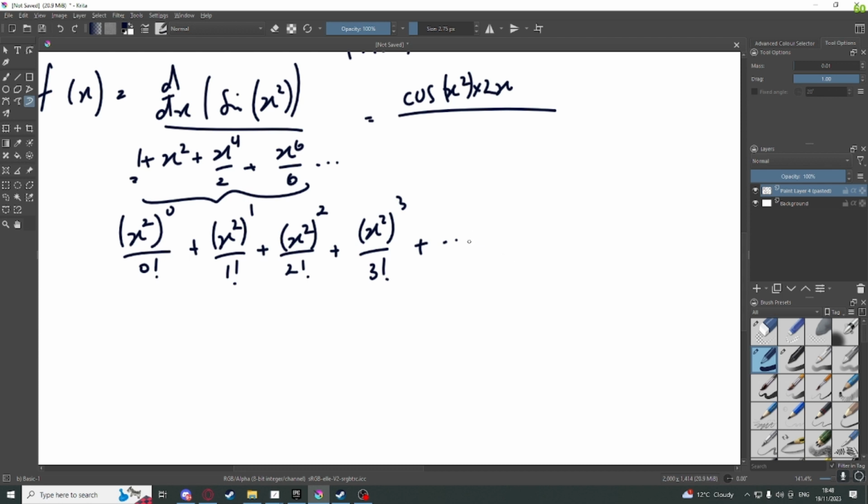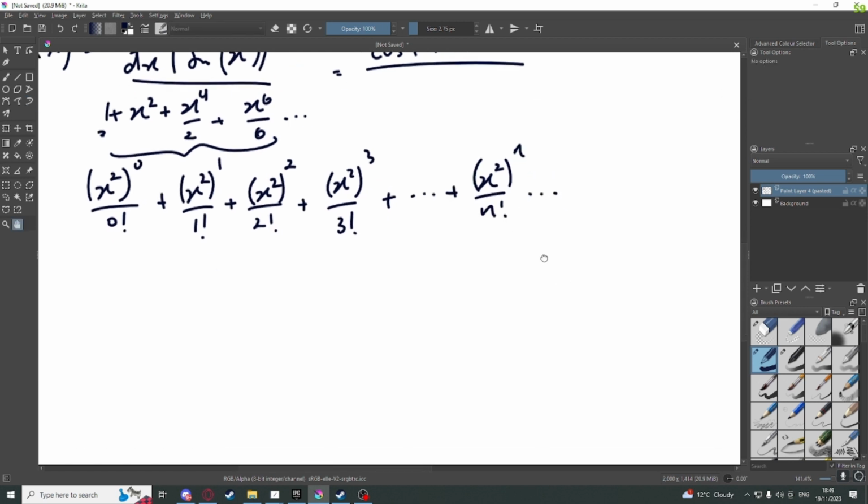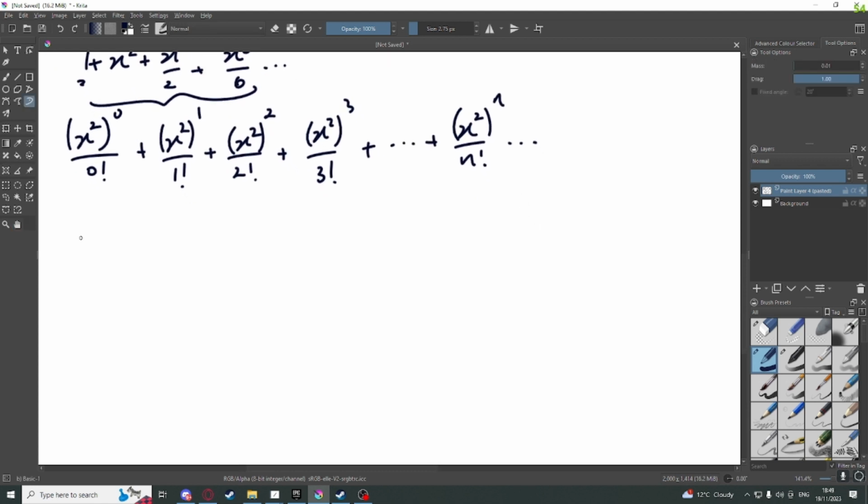I can write this as x squared to the power of n over n factorial, and how I can simplify that is the series of n from 0 to infinity of x squared to the power of n over n factorial, and this is just the Taylor series expansion of e to the x squared.